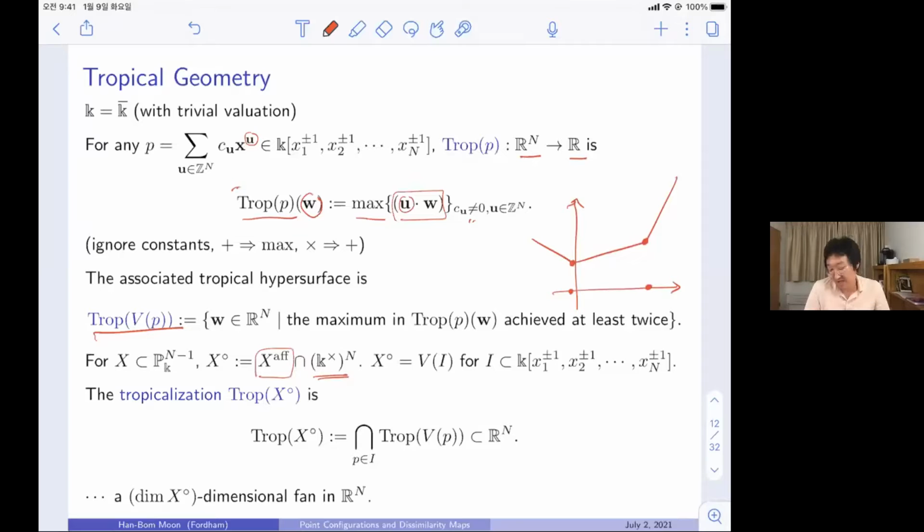But anyway, one good thing about this tropicalization is that, first of all, it has exactly the same dimension as X circle, and it has an abstract fan structure in R to the n. But the fan is usually, in almost all cases, not complete.